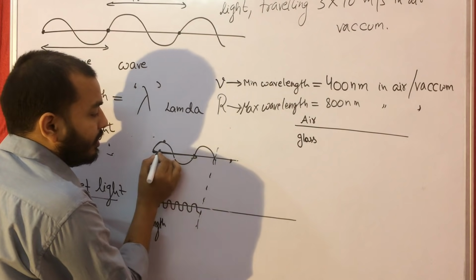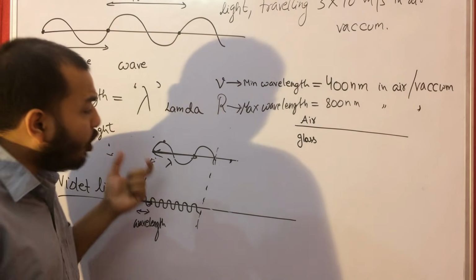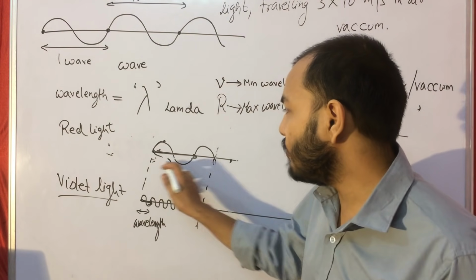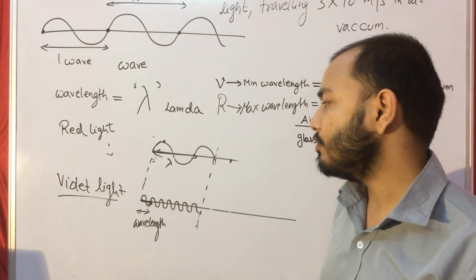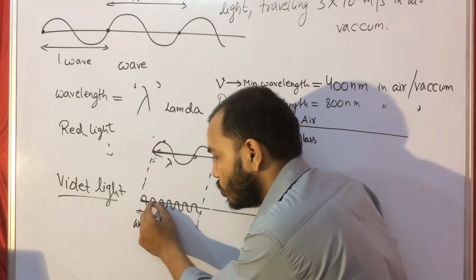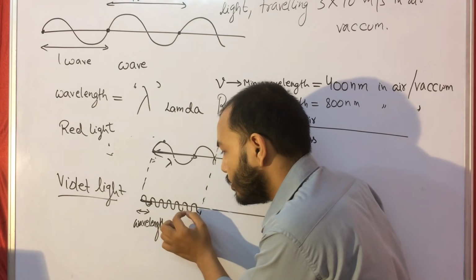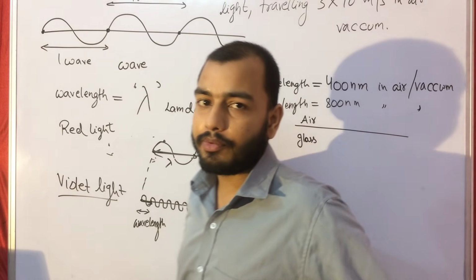See, this wavelength is so large when compared to violet. How many waves of red are here? One wave and a half wave. And how many of violet? 1, 2, 3, 4, 5 and 5.5.